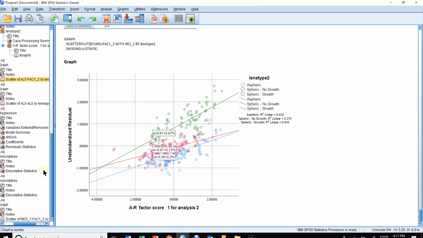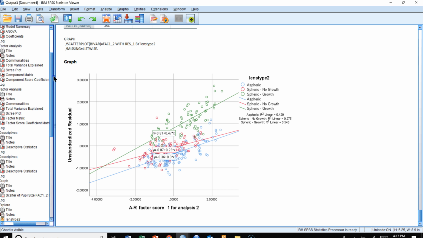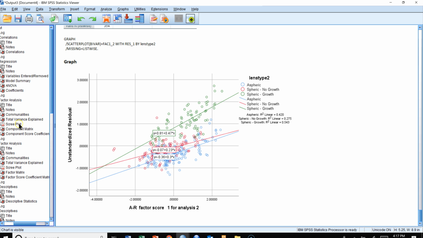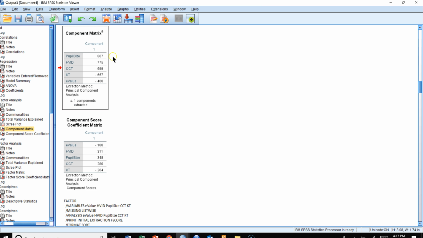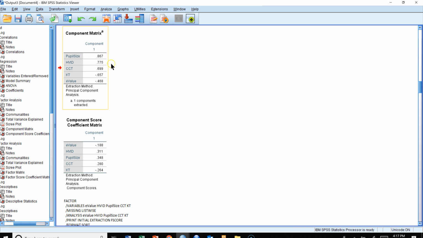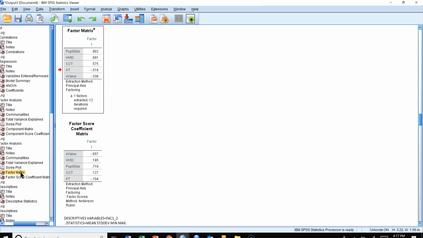So if we go back and look at our factors, we see that these are positive correlations, meaning pupil size increases. Pupil size is related.